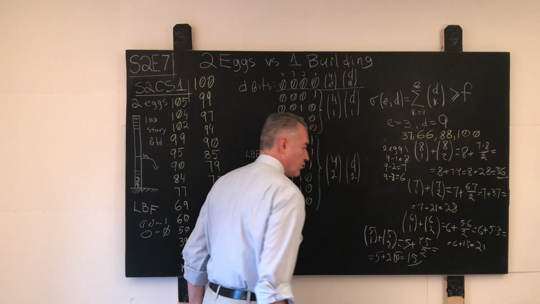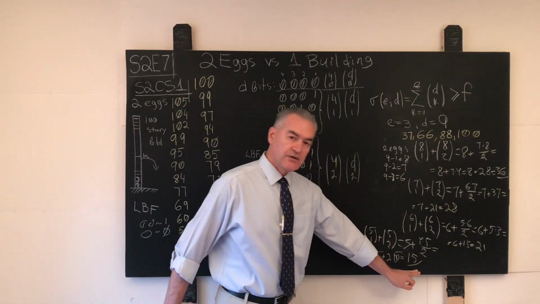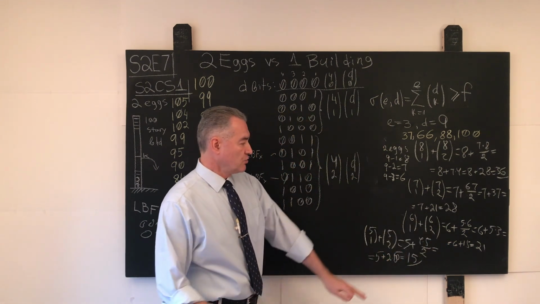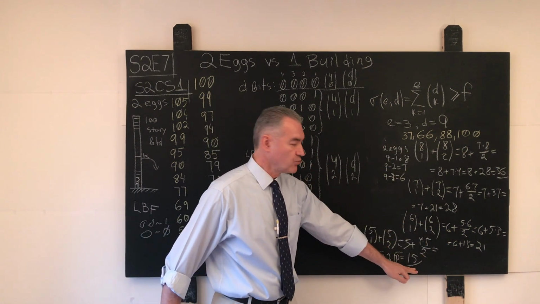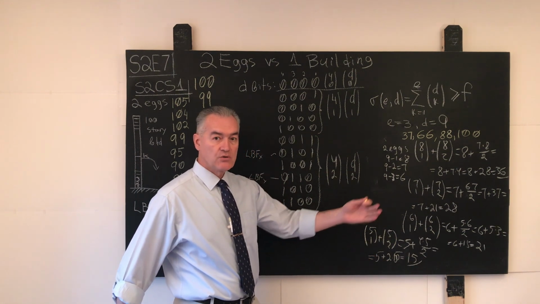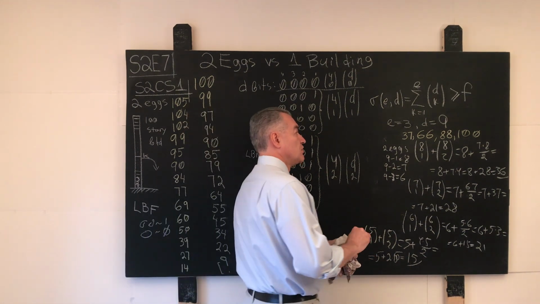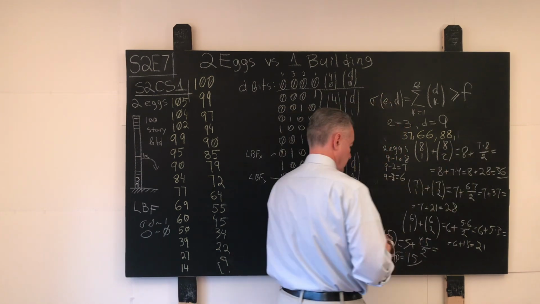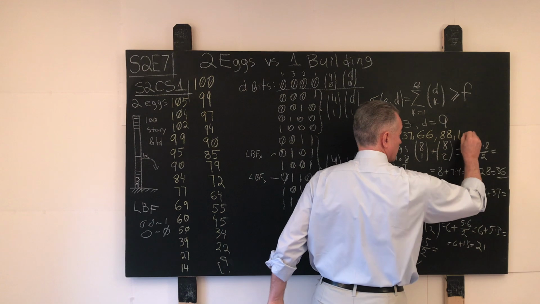Again, we know that's the previous triangular number. This one was 21, this one will be 15. So 88 plus 15 will be 103, plus 1, 104. So in theory, if we were to run this test higher, this will be floor 104, and so on.